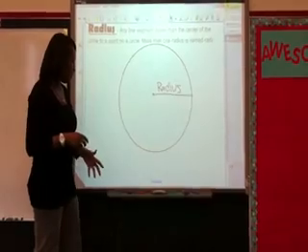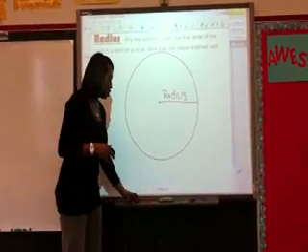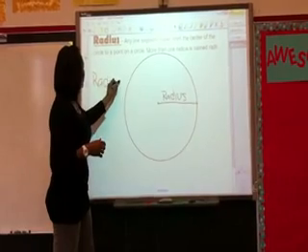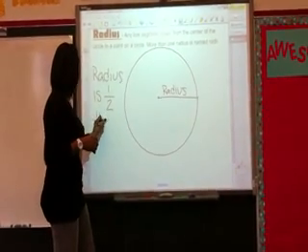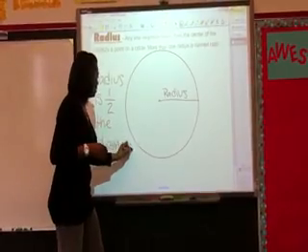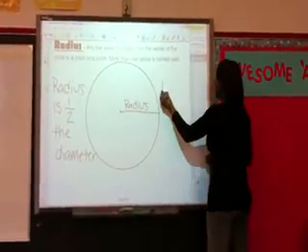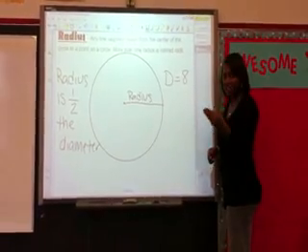The other thing that we talked about is the relationship between the radius and the diameter. So I told the students that the radius is half the diameter. So, for example, if the diameter is 8, then the radius will be half of the diameter.